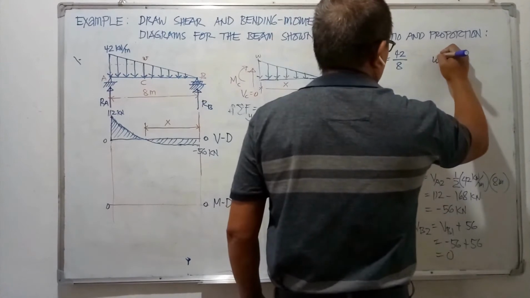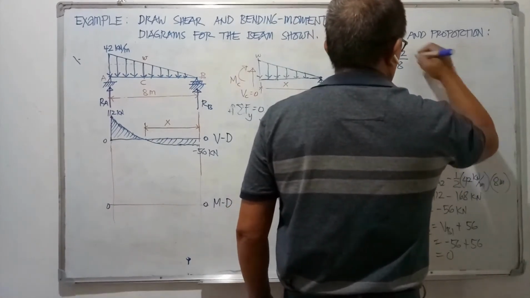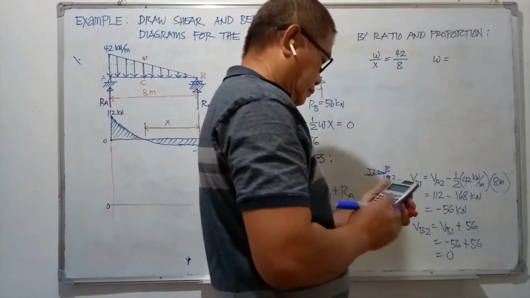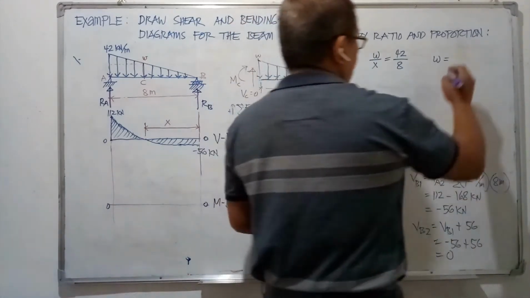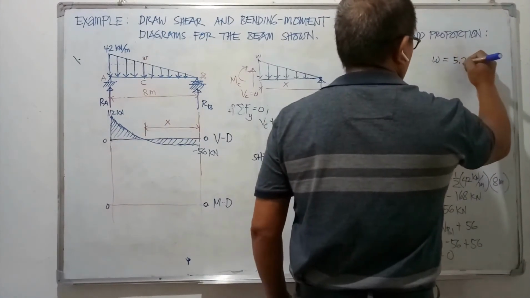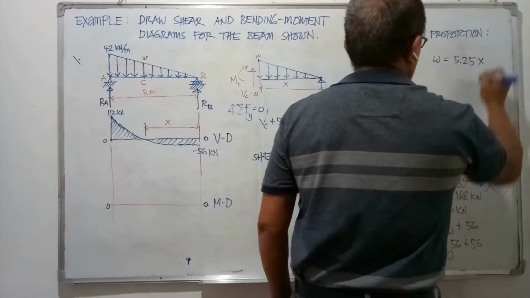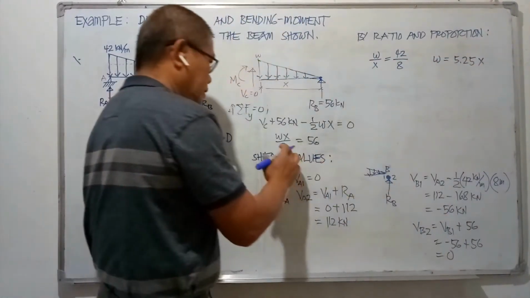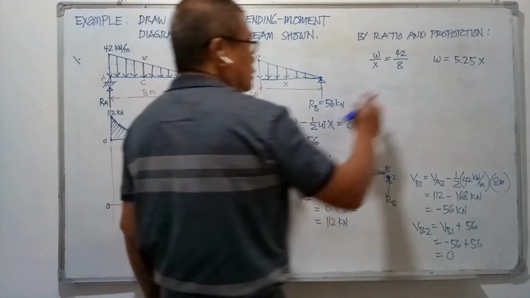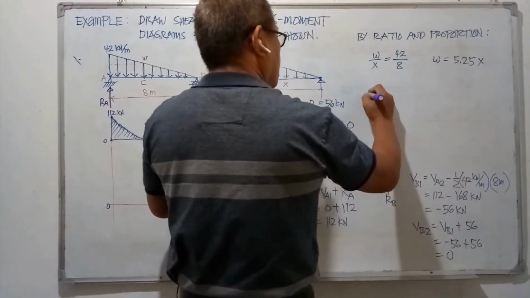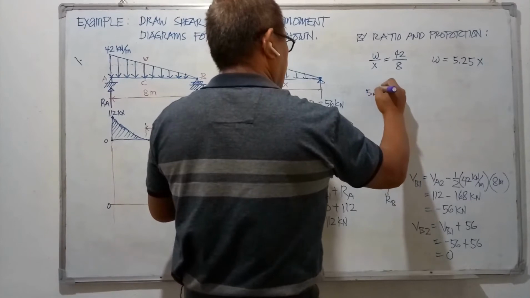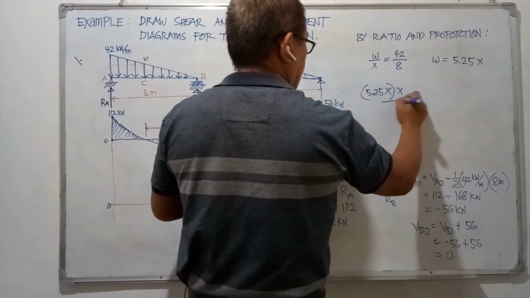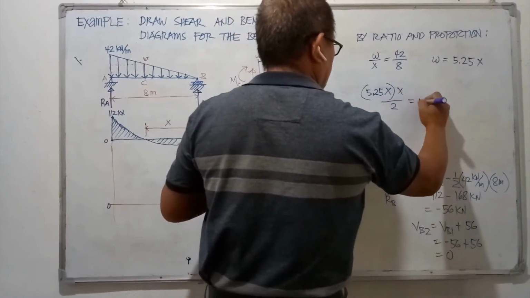So that we have W is equal to 5.25 X. So that this equation for W will be substituted here. It's 5.25 X times X divided by 2 plus 56.